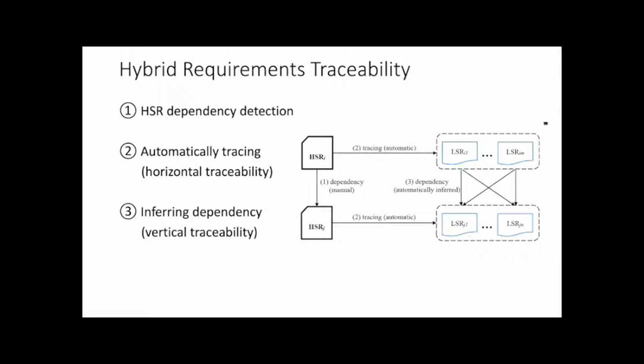And the third step: if low-level security requirement 1 fulfills high-level security requirement 1, and low-level security requirement 2 fulfills high-level security requirement 2, and we know there's a dependency between high-level security requirements 1 and 2, then we say there's a high possibility that low-level security requirements 1 and 2 are dependent on each other.